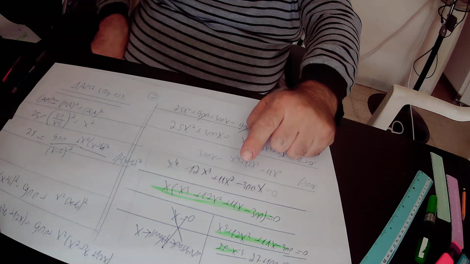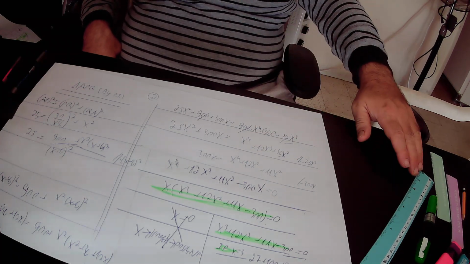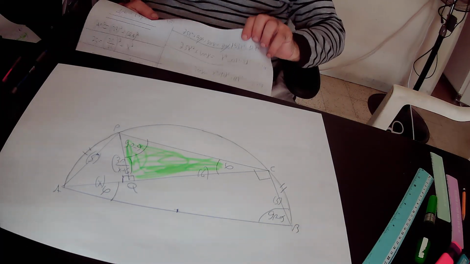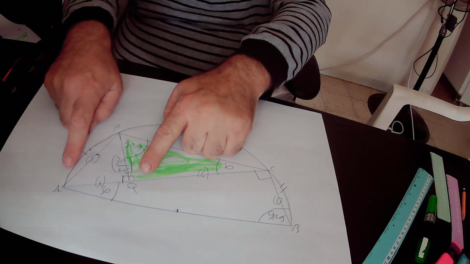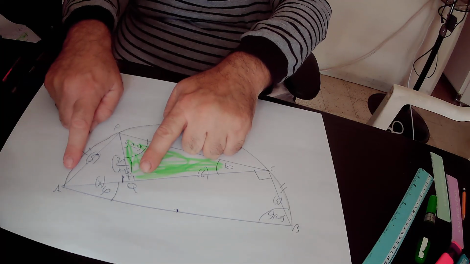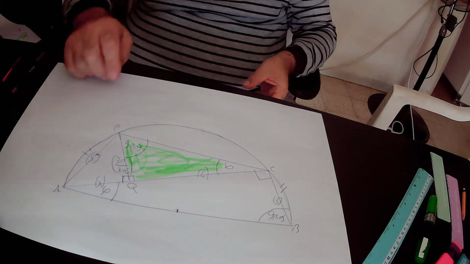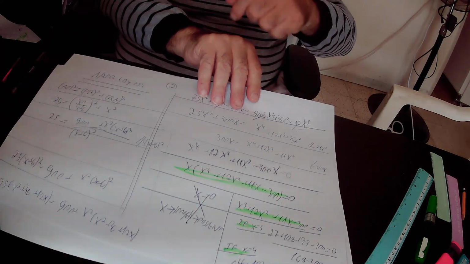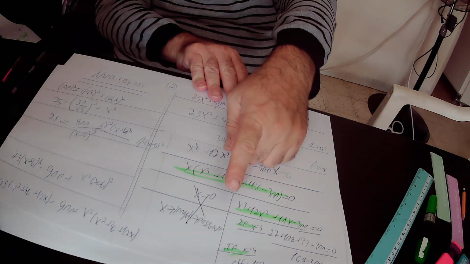x equals 0 is not the right solution, it is an incorrect solution. Why? Because x is the length of this line segment AQ, the line segment that we are looking for in this question. AQ equals x. x is a length, and as a length, it must be a positive number.